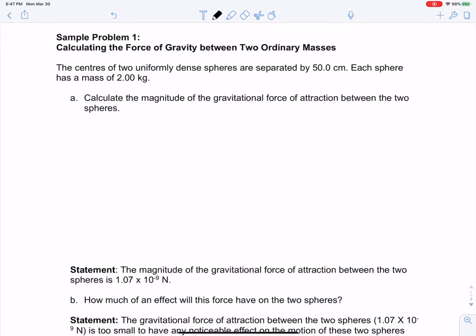We know mass 1 is 2 kilograms. Mass 2 is also 2 kilograms. And the distance between these two is 50 centimeters, or 0.500 meters. And our job is to find the gravitational force of attraction, F_G.